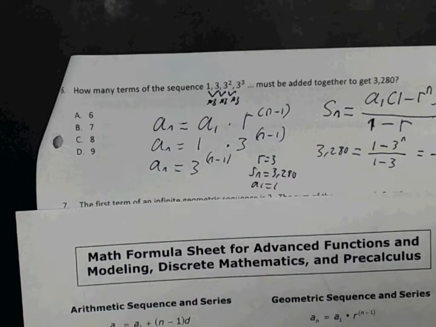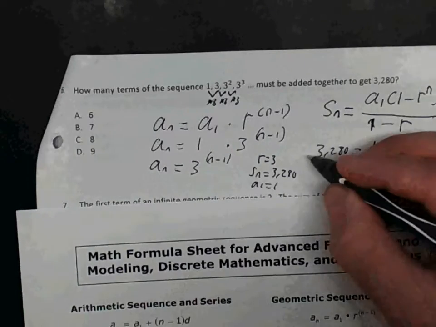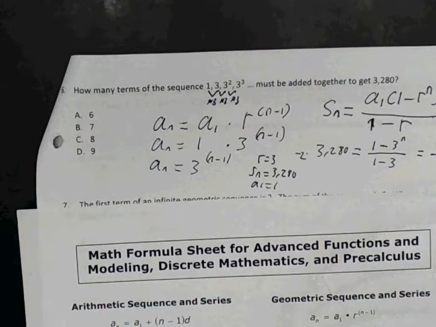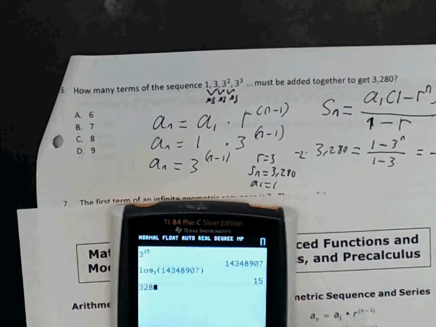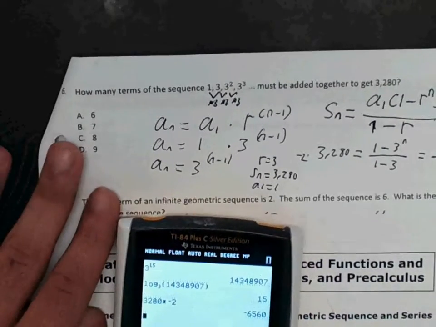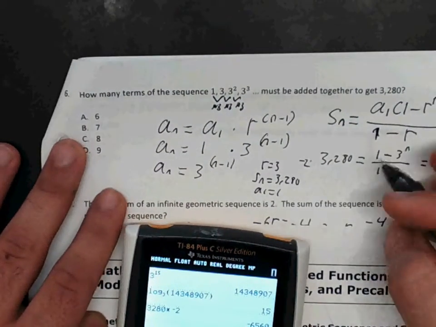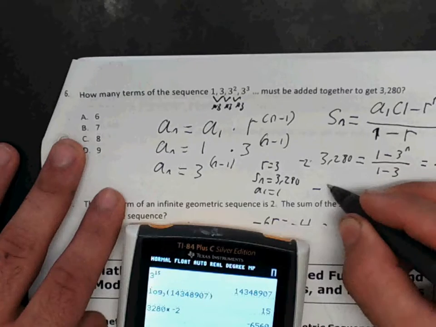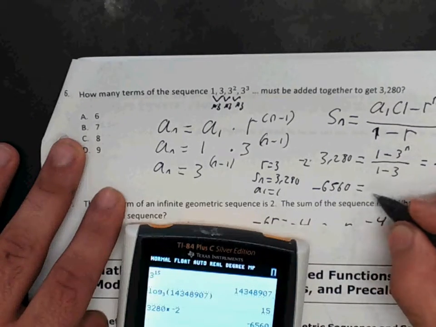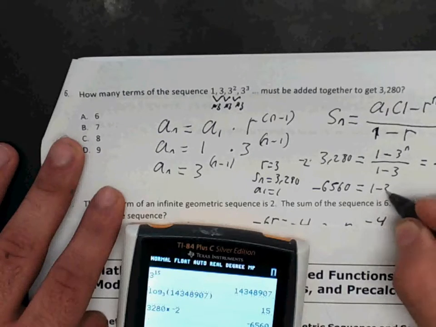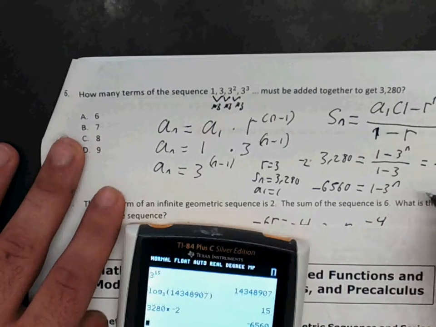If we multiply each side by negative 2, 3,280 times negative 2 is negative 6,560. So negative 6,560 is equal to 1 minus 3 to the n.